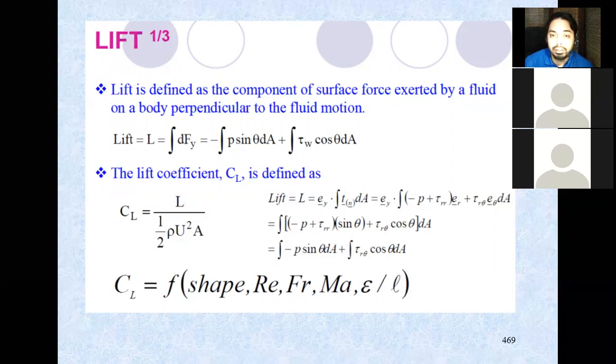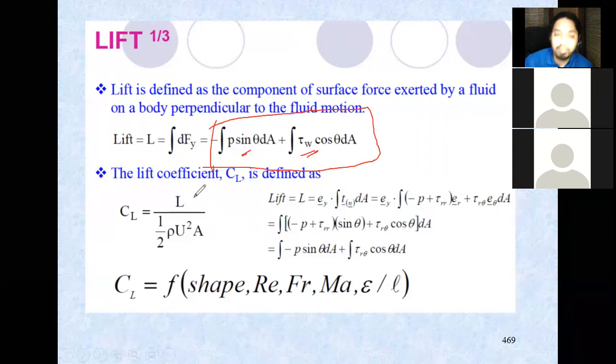The lift is defined as the component of the surface force exerted by a fluid on a body perpendicular to the fluid motion. Again, like drag, it consists of a pressure component and a friction component.